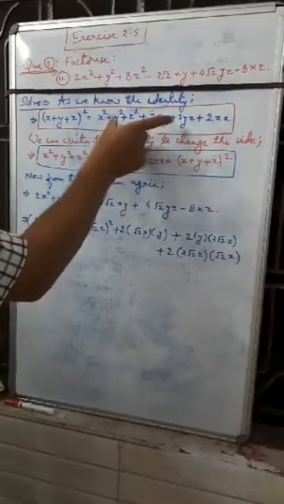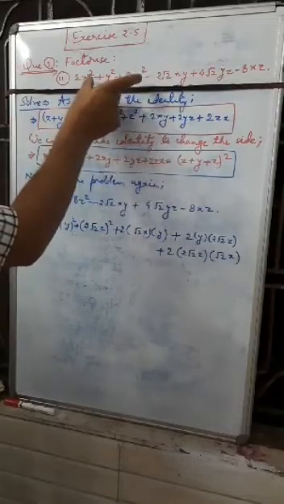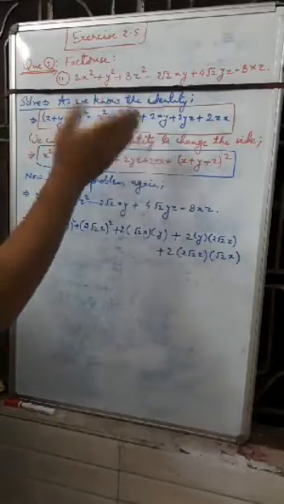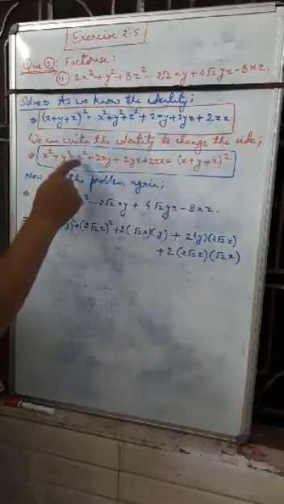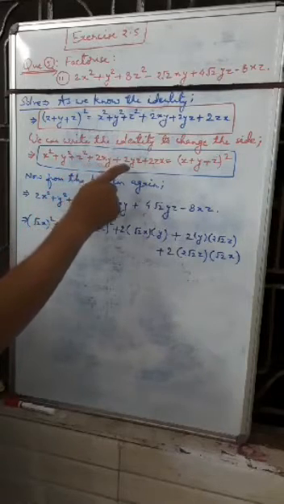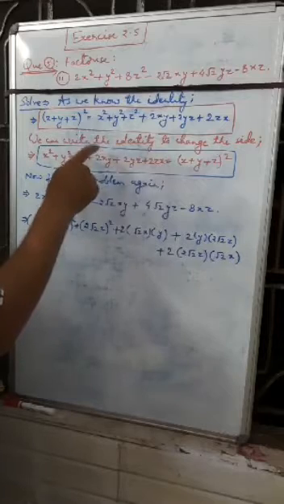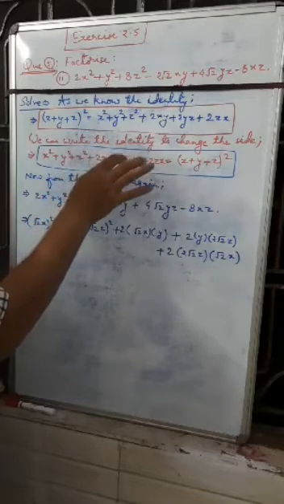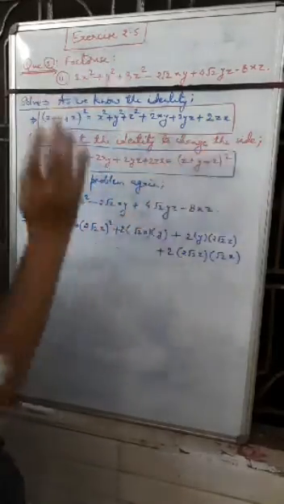So we have to convert right hand side into left hand side. So we have reversed the identity x square plus y square plus z square plus 2xy plus 2yz plus 2zx. You can also take common, so outside of the bracket you can write 2 into xy plus yz plus zx is equal to x plus y plus z whole square.